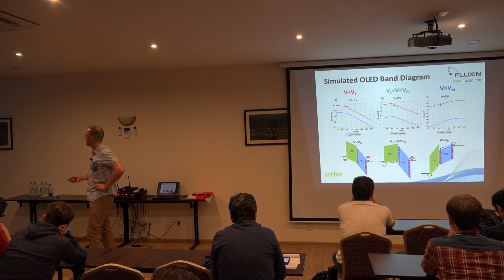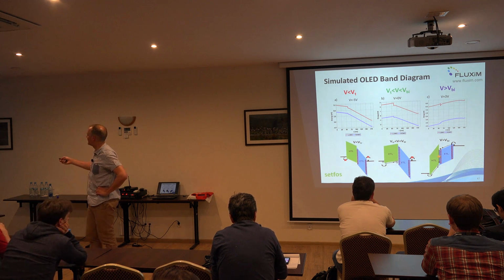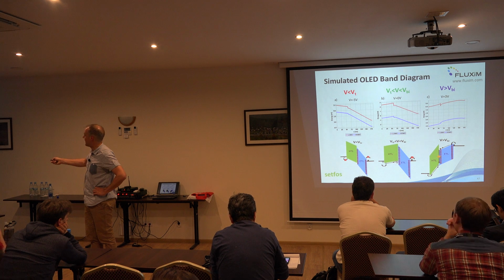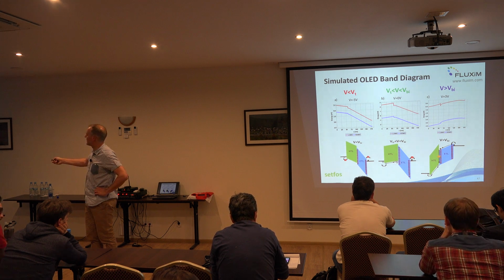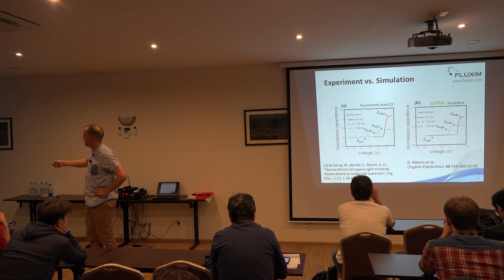So let's look at this here in the sketch. What I just said was that if we are at the right voltage, namely below built-in voltage, but above the transition voltage. What is the transition voltage? We call it the voltage at which the capacitance rises here. But this depends on the thickness of Alq3.